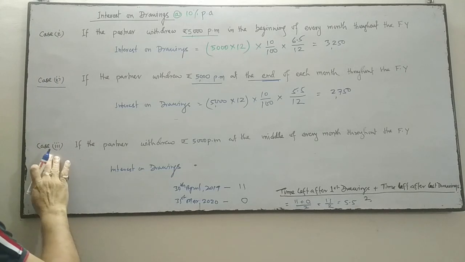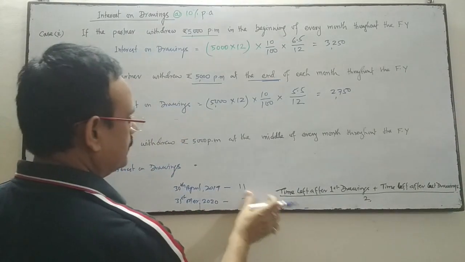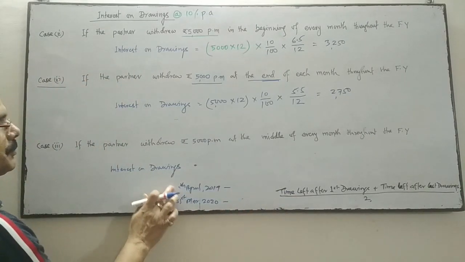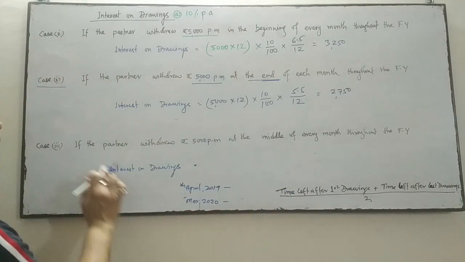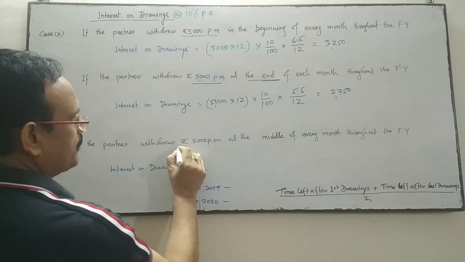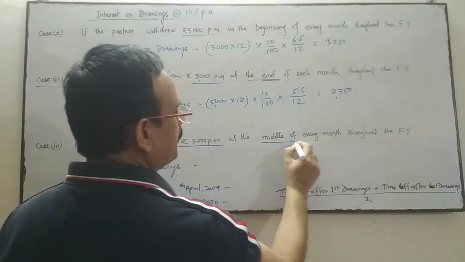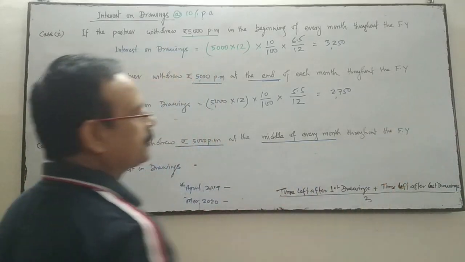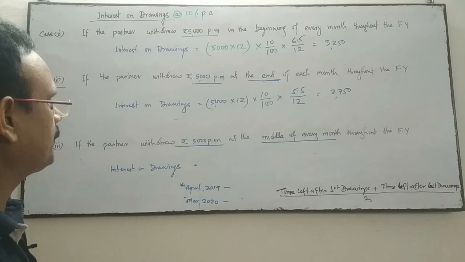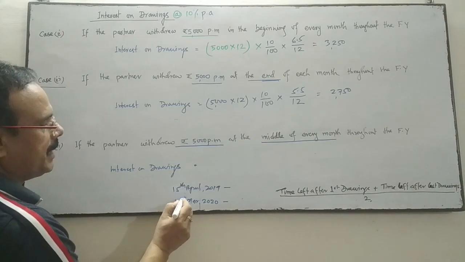Now come to case 3. If a partner withdrew the amount 5,000 per month at the mid of every month throughout the financial year, it means on 15th April or on 15th March.